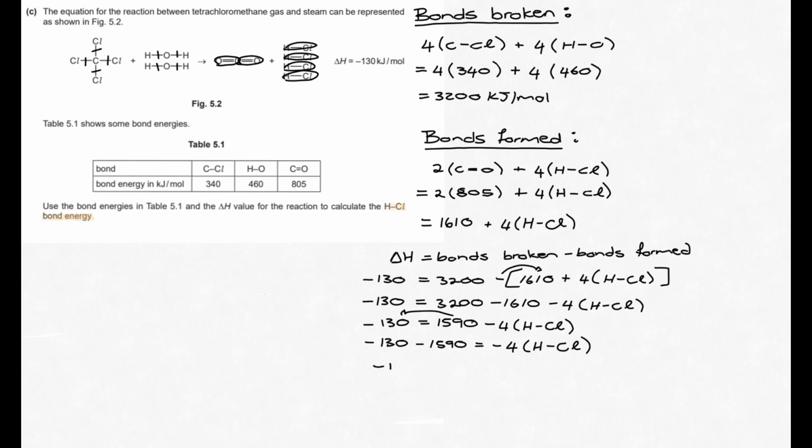This will then give me negative 1,720, which is equal to my negative 4 hydrogen chloride bonds. I then divide by negative 4 on both sides to get my hydrogen chloride bond as a total of 430 kilojoules per mole.